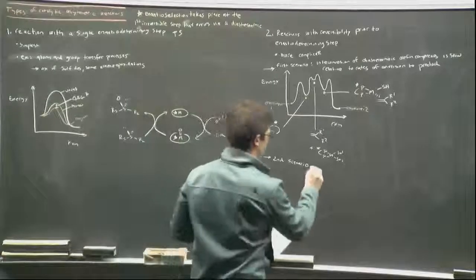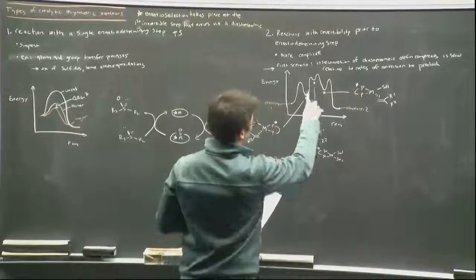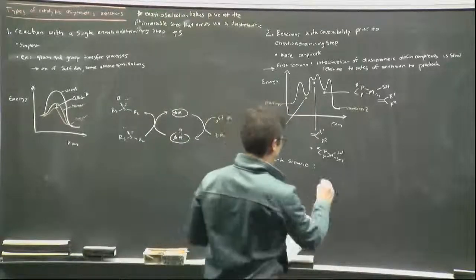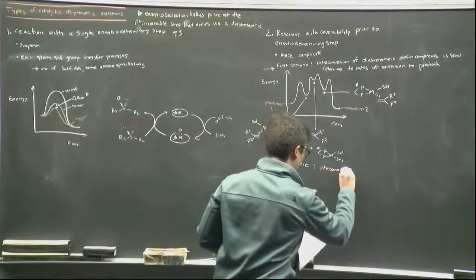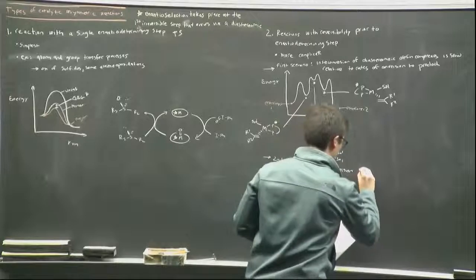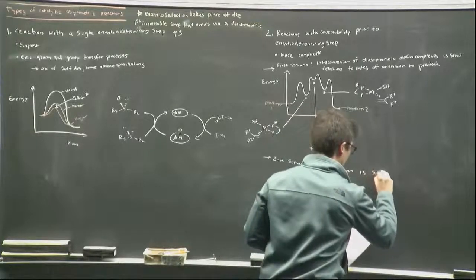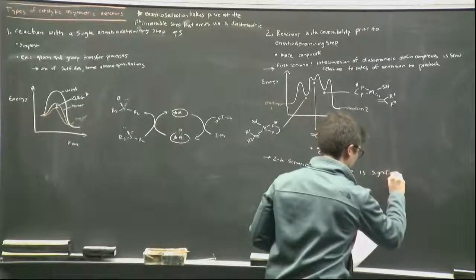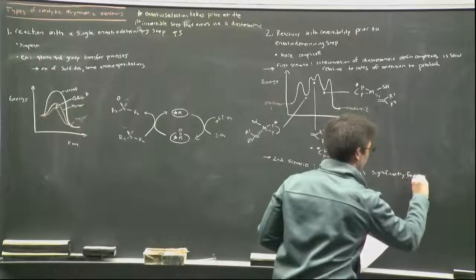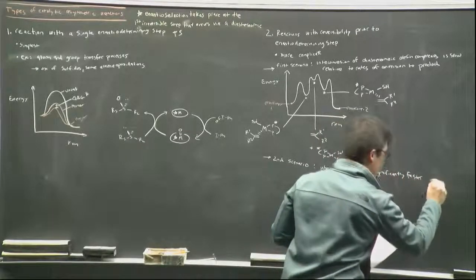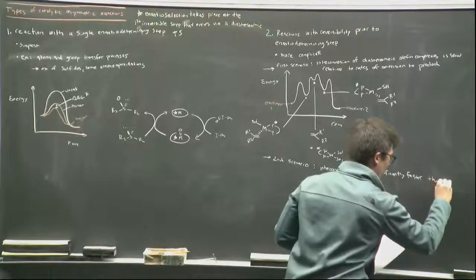The second scenario is where the energy barriers are different such that the interconversion is significantly faster than reactions to form products.